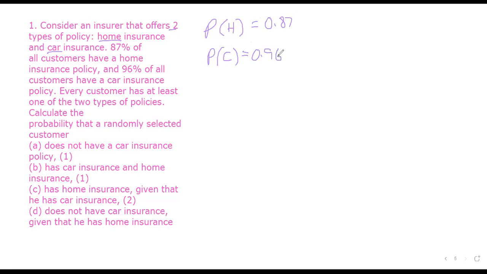Then we are told that every customer has at least what? One. So when we add the probability of H and C, to add is to unite, right? Remember I said probability of H or C, given at least 1, so it's equal to 1.